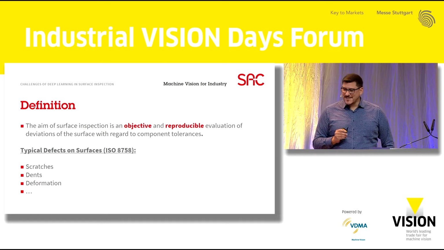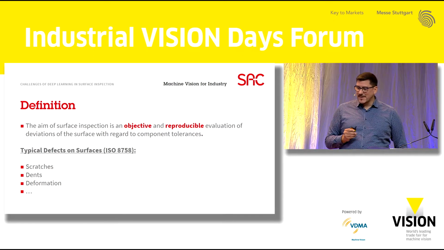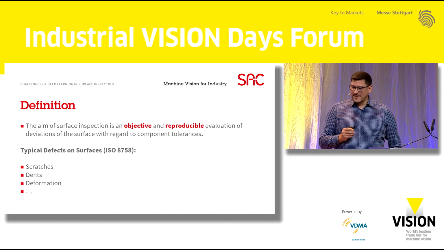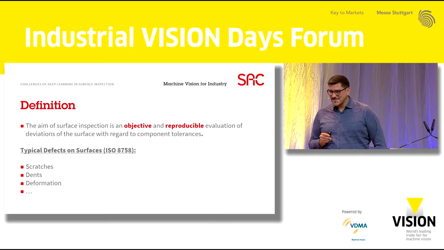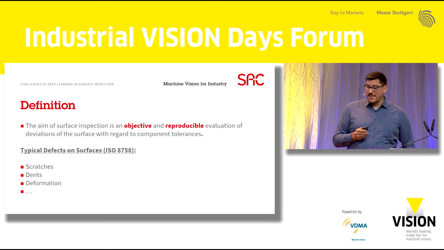When I started at SAC, a colleague told me, surface inspection is the Champions League of machine vision. So if you also want to play there, you have to read the ISO standard 8758. And I did. All the different defect categories are listed and defined there.